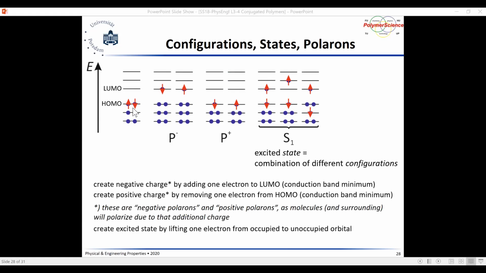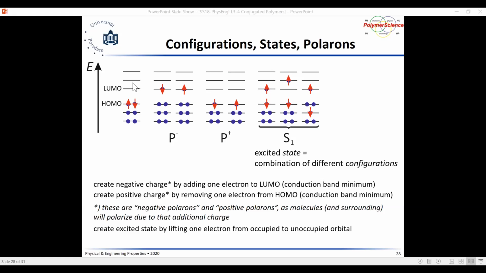All of our carriers are in the occupied state, the HOMO level, and at the moment, ignore the arrows that you see here. All the electrons and holes are in the occupied state, and this is the configuration usually in the ground state. So this is the stable configuration.